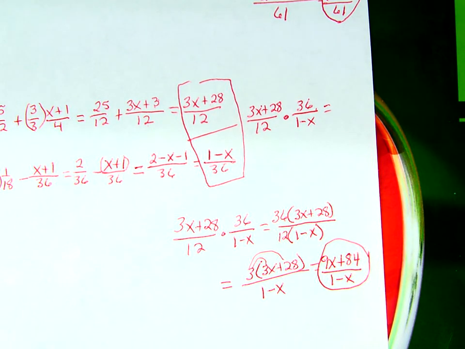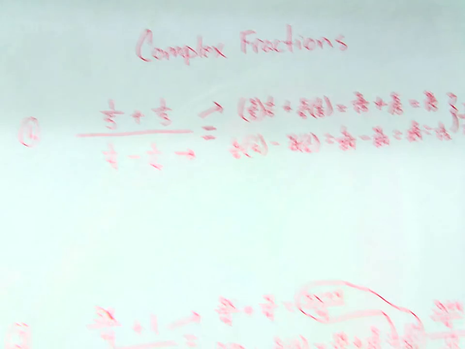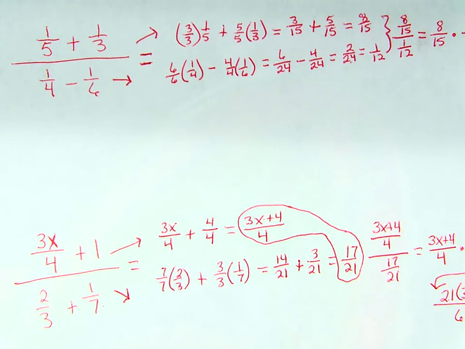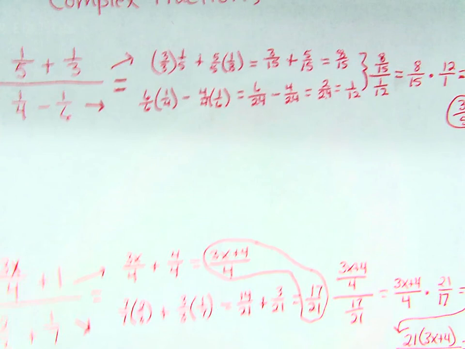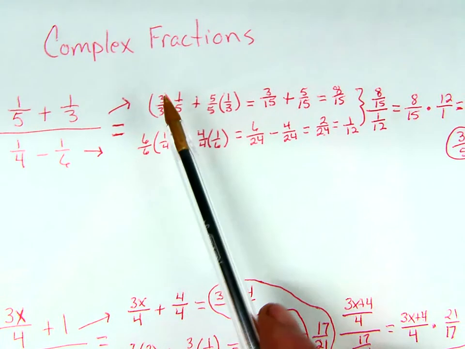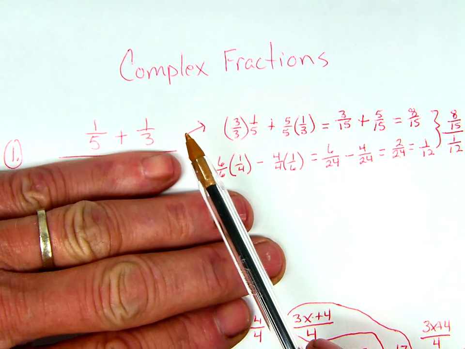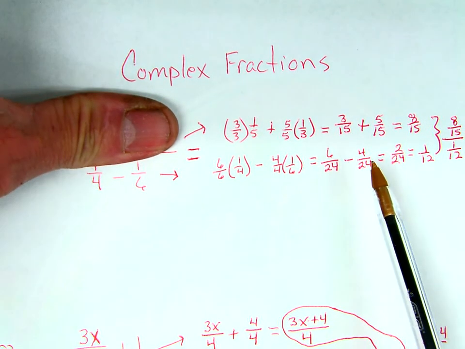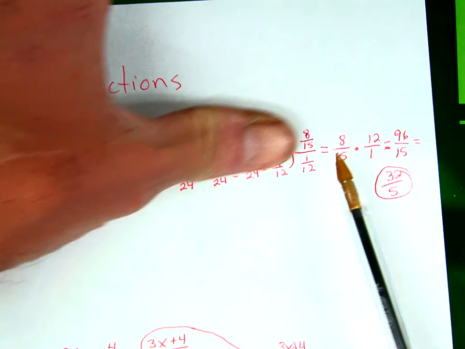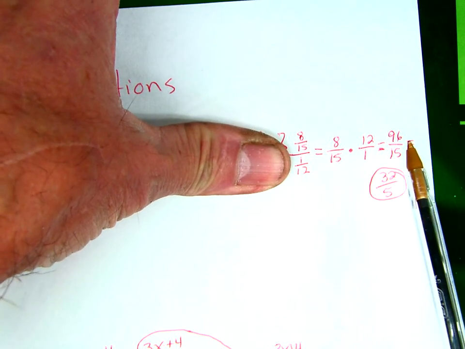Okay, you can look this up in the book, and it's not going to give you very many literal examples like this one right here. But you can look it up in the book anyway. If my instructions and this video don't help you much, my suggestion is do it like this. Look at the top as a separate problem from the bottom. Work those down to two single fractions.